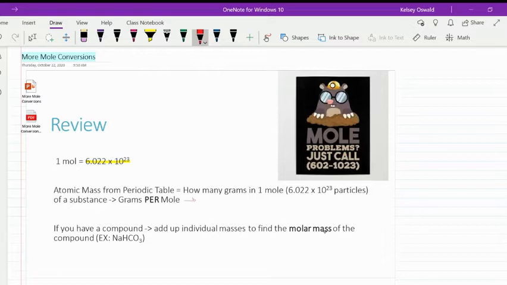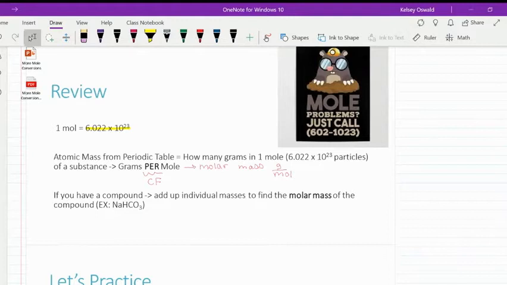And this is what we call molar mass. So molar mass is that mass in the periodic table, and that is how much 1 mole of a substance weighs. And we saw our unit for this was grams per mole. Okay, and since we have that per there, we know we can use it as a conversion factor. And this is what we look at today.